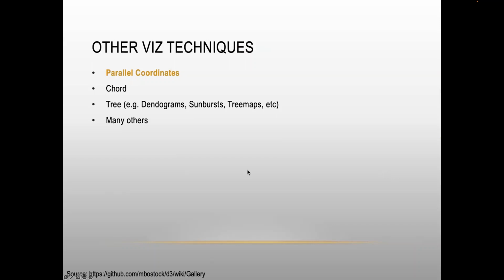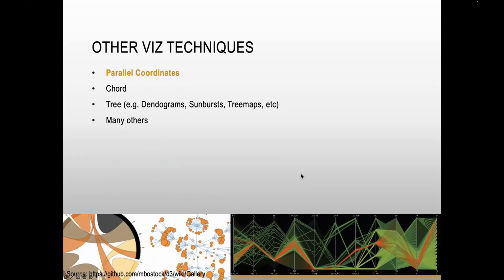Another technique which comes from the information visualization side of things is parallel coordinates. The idea is, if you have more than 2-dimensional data, or multidimensional data, how do you represent it? If you see this picture at the bottom right of the screen, there are multiple axes.